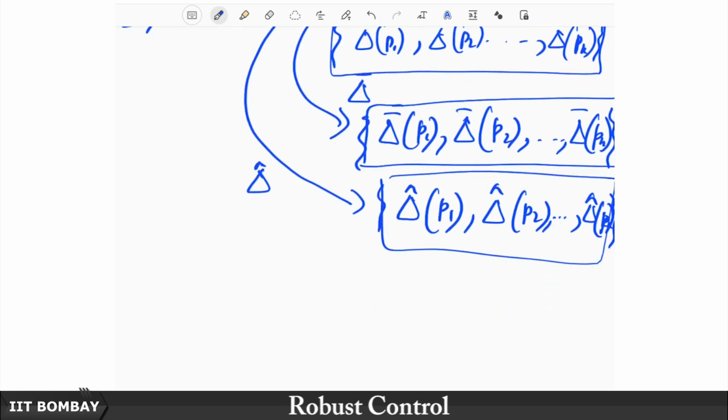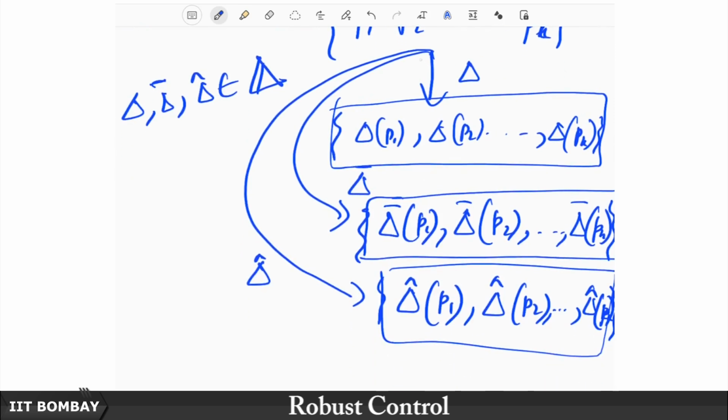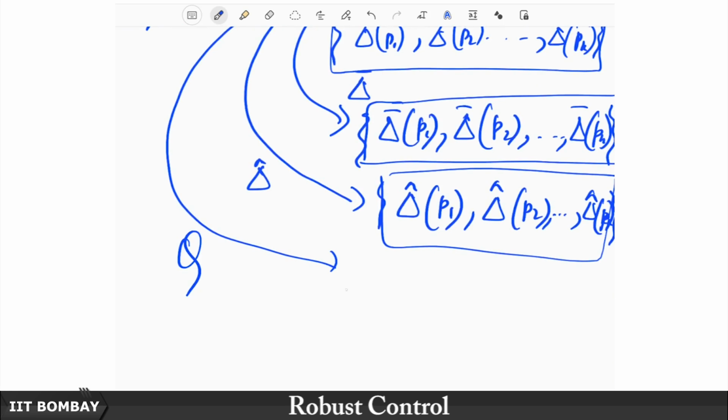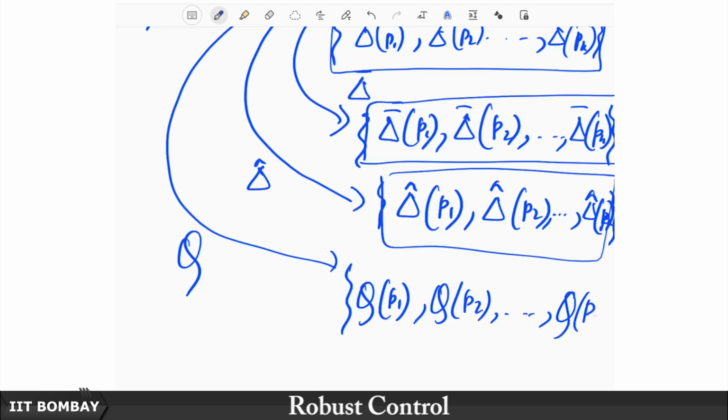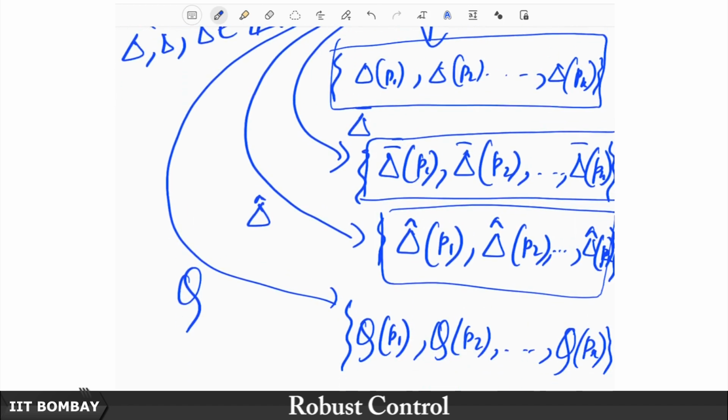But when I operate the actual function Q, the actual nonlinearity, I will get Q P1, Q P2, Q Pk likewise. Now, remember what does it mean?